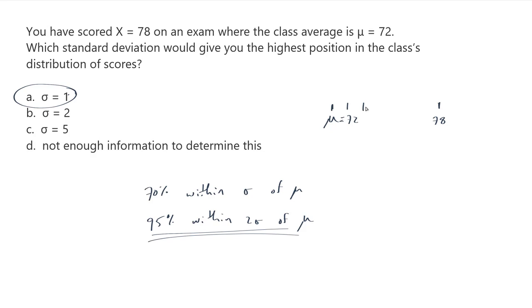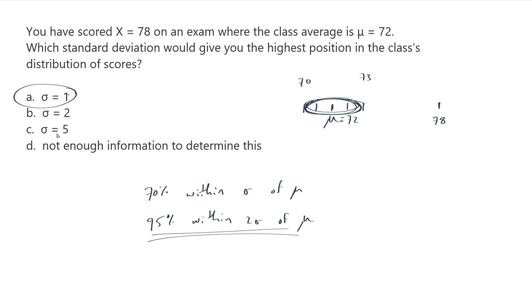So this is at 73 above and 2 below, this is 70. So 95% of scores are sitting within this range. You are easily well above the rest of the group. You are above 95% of the scores.